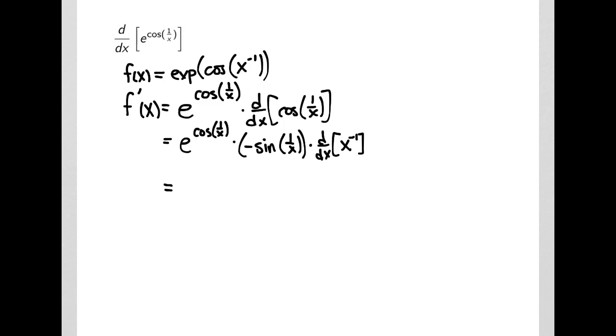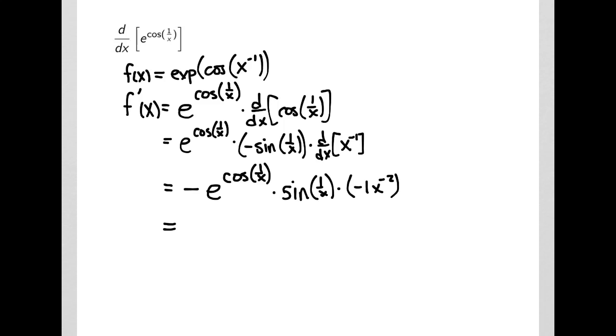And so I'm left with, let's put that negative sign in front, negative exponential of cosine of 1 over x times the sine of 1 over x times negative 1 x to the minus 2 using the power rule.